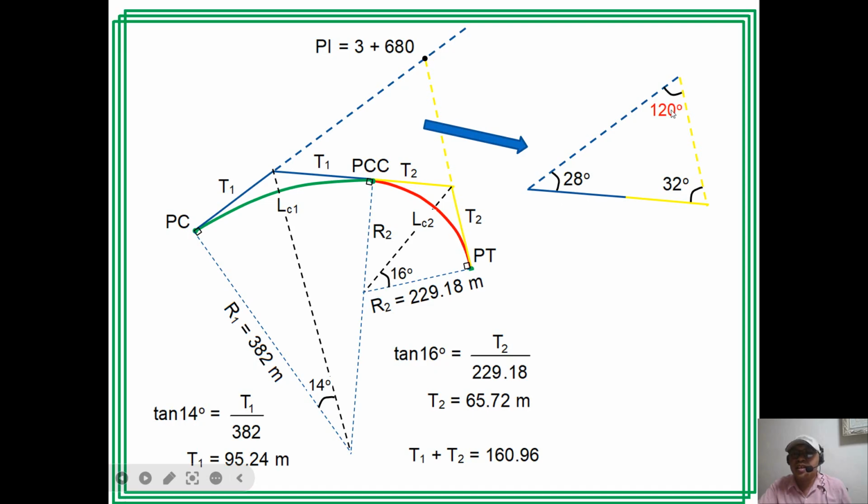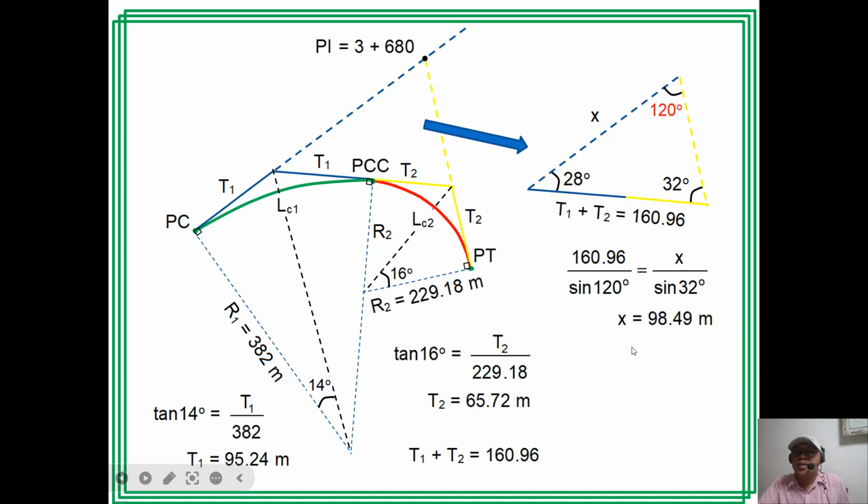This is 60, so the sum is 180, so this is 120. Can call this x, and T1 plus T2 is 160.96. By using sine law, I can solve for x na. So 160.96 over sine 120 equal to x over sine of 32. So x is 98.49.